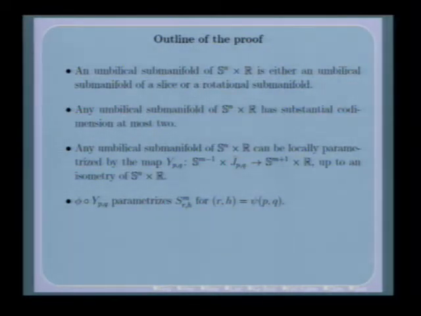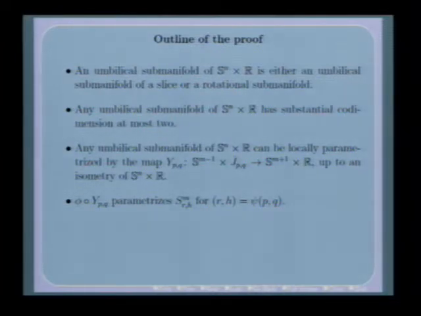Then we have to prove that umbilical submanifolds lie in those product spaces with substantial codimension two. This means that they lie in a totally geodesic submanifold of those spaces in codimension two.